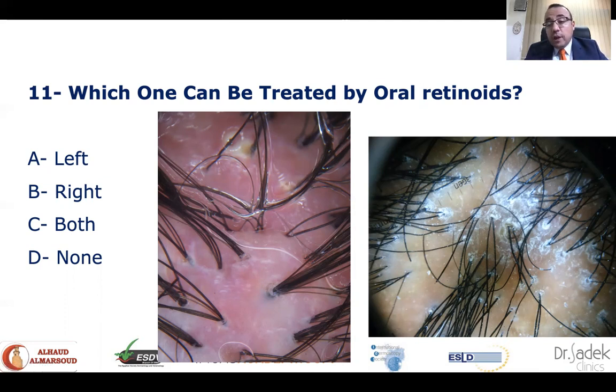In addition, we have some tufting of hair over there, but it's less than 5 hairs per tuft in comparison to the large hair tufts in folliculitis decalvans seen on the left, which is larger than 5 and rarely over 10. So what shall be treated by oral retinoid? Yes, the one on the left as answered before.